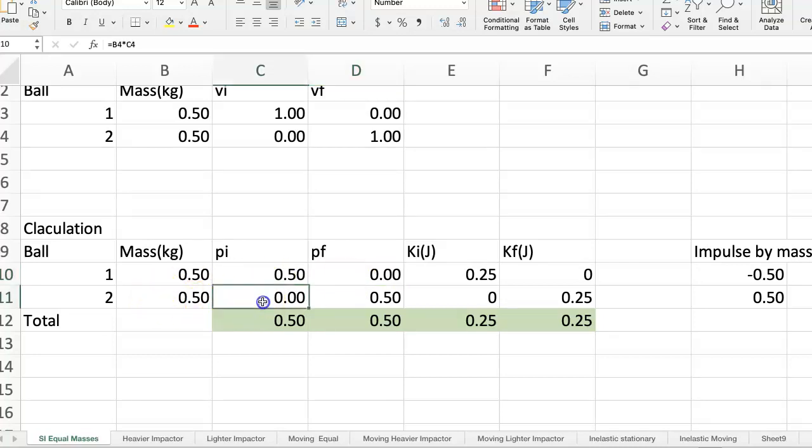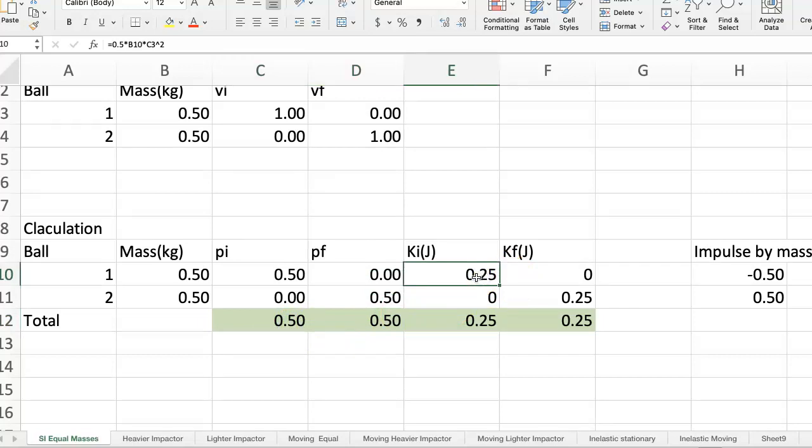I will go to mass 2, add the mass here, and again mass times velocity gives me the momentum of ball 2 before and after. I can say P initial total: you add 0.5 plus this one for the total momentum. This is the total momentum for both, and you can see these numbers should be the same.